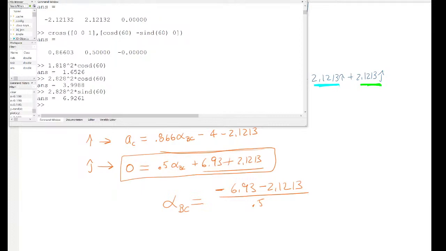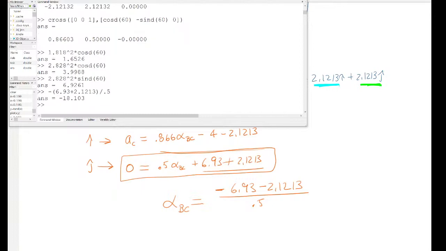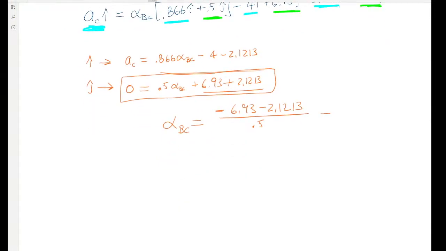I'll just do it this way: 6.93 plus 2.1213 divided by 0.5 gives you minus 18. Probably good enough. Around minus 18.1.